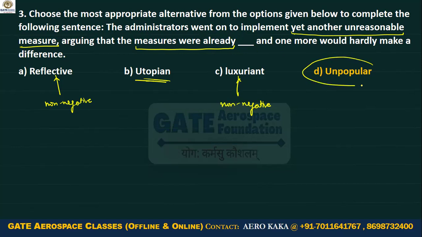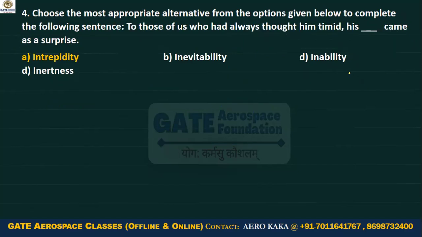So the only option left is unpopular, and unpopular also suits the scenario set up by the sentence. If I use it: the administrator went on to implement yet another unreasonable measure, arguing that the measures were already unpopular, and one more would hardly make a difference. The correct answer becomes unpopular.